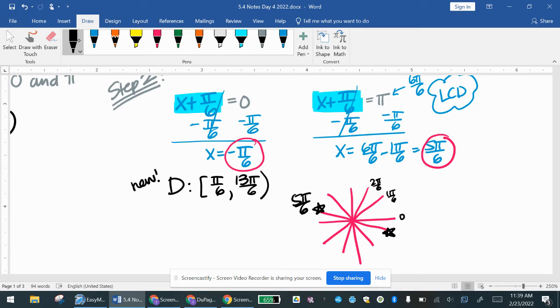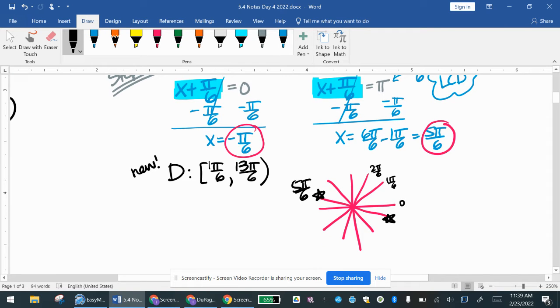Now, as I look at my new domain, it says that I can only give answers between 1 pi over 6 and 13 pi over 6. So automatically, negative pi over 6 cannot be an answer. However, I can give its coterminal angle as an answer as long as it fits within the domain.